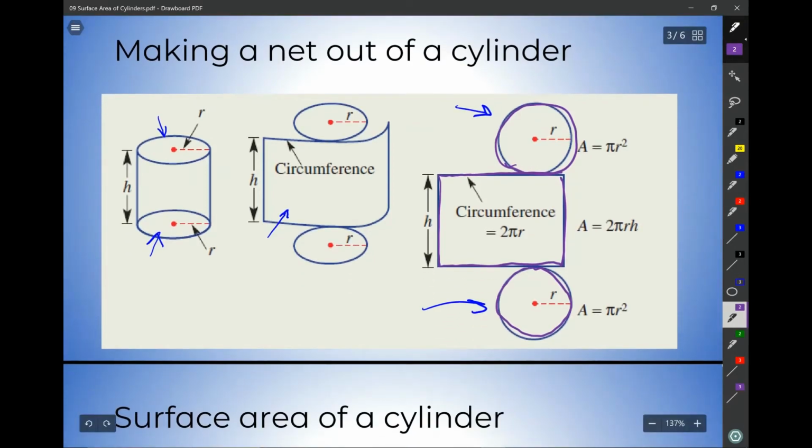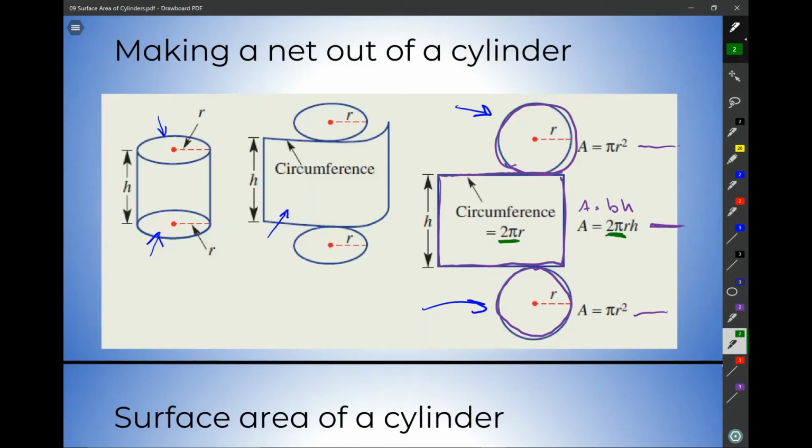And we end up here with three separate areas we need to calculate. The area of the two circles and the area of the rectangle. Now, because normally the area of a rectangle formula is base times height, what we've done here with this formula is we have substituted in the formula for the circumference as the formula for the base, 2 pi r.